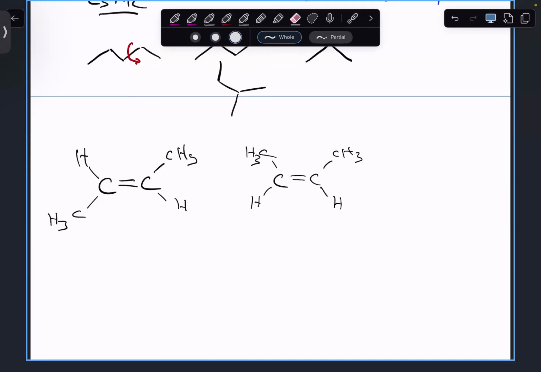And we give these names where the H's are going opposite one another, like they are here. One H is going up, the other H is going down. We call that a trans conformation. Where the H's are going in the same direction, this one's going down, that's going down, that is a cis.